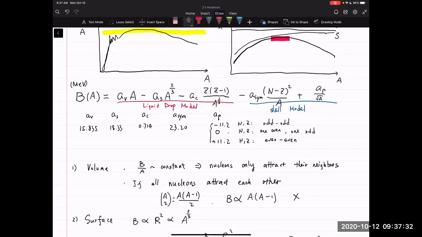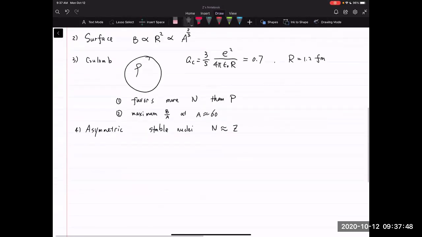So this last term really accounts for the odd-even effect. Even configurations are the most stable configurations of a nucleus. So this last correction term, the AP term, comes from this odd-even effect.